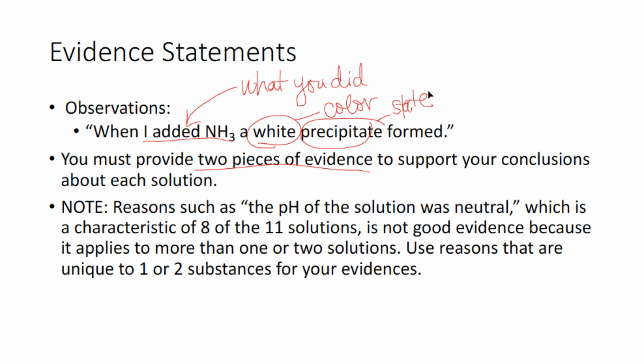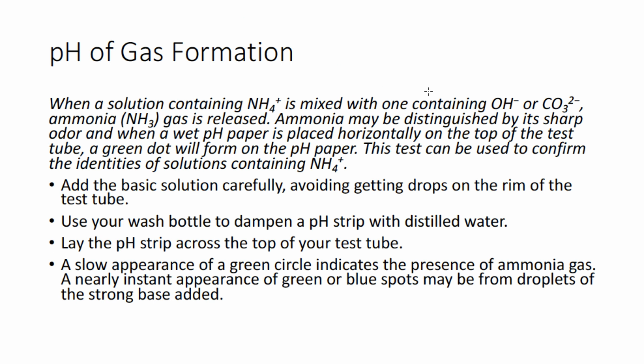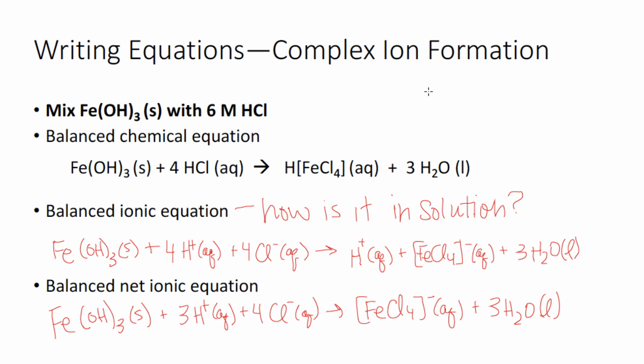formed. So if we go back to our previous slide where we were looking at this complex ion formation here with our iron 3 hydroxide, we actually have a red solid at the beginning. That's the iron 3 hydroxide. At the end, our FeCl4 minus is actually a yellow complex ion.